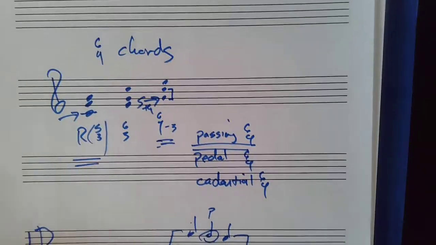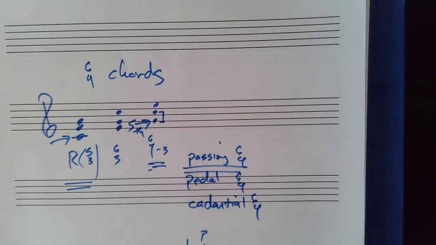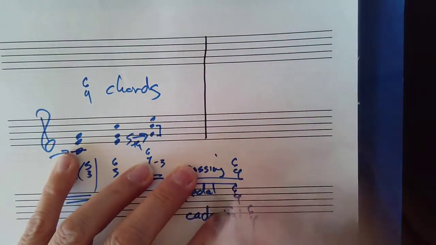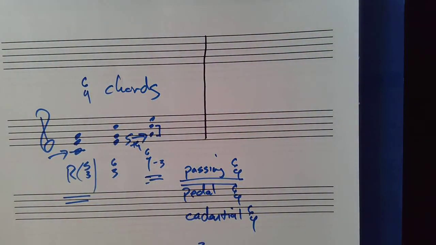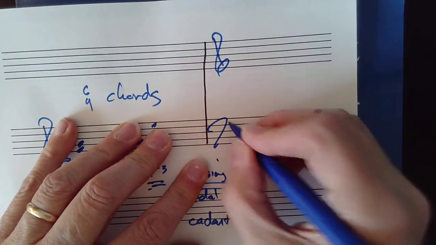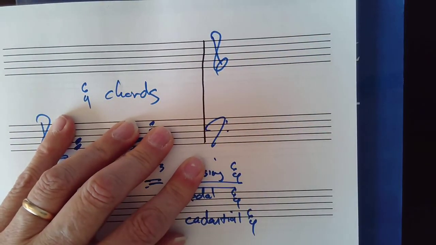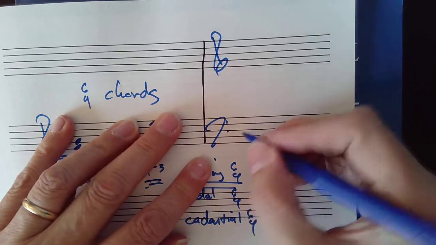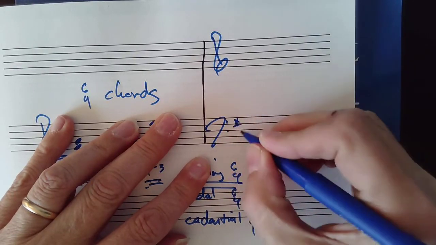Okay, I would like you to try one of these on your own. I'm going to give it to you. Let's do this same progression in the key of D major.